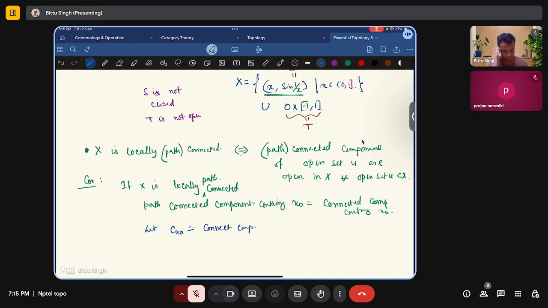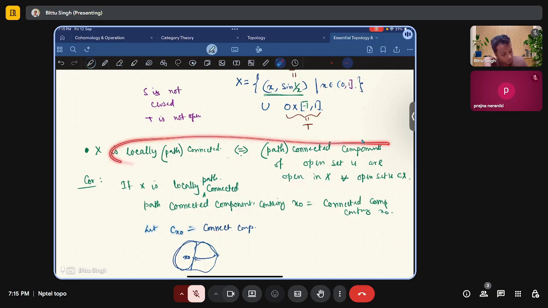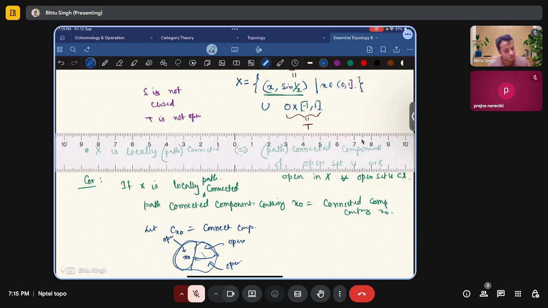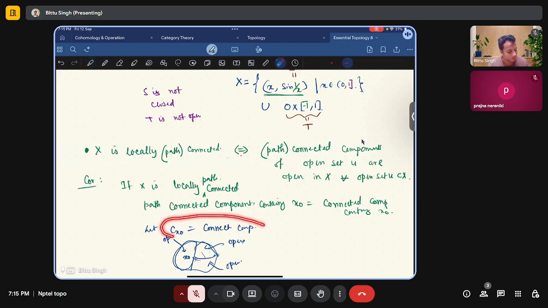So Cx0 can be broken into path connected components. Suppose this is x0. This is one path connected component, this is another, and several other path connected components like this. We have just stated that path connected components are open, so all those components must be open in X. But if there is such a non-trivial partition, that will contradict the fact that Cx0 is connected.